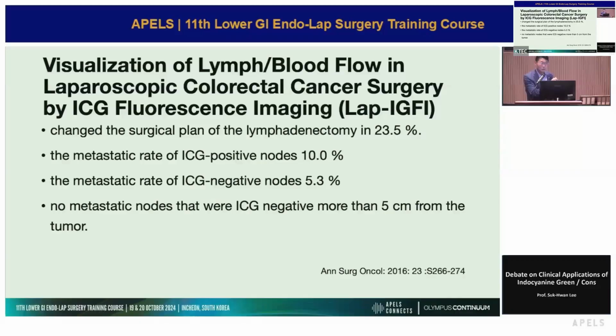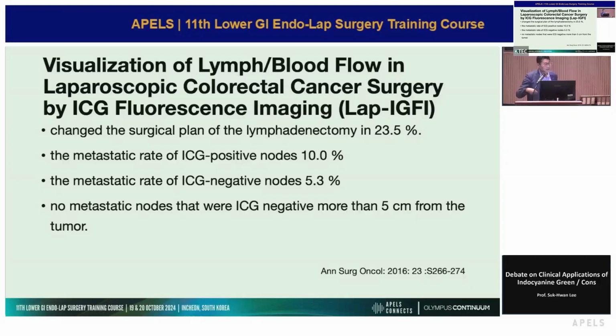So I asked him, what is the stage of that patient? And he told me it was T2. So actually for the T2 cases, we do not have to do some T3 dissection.